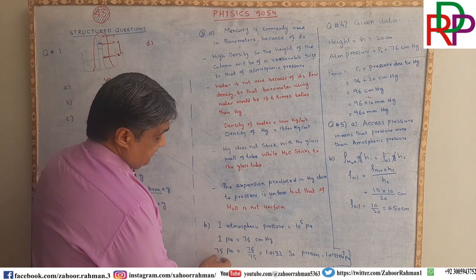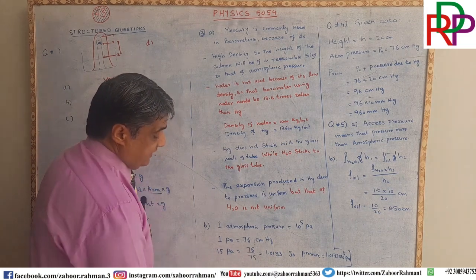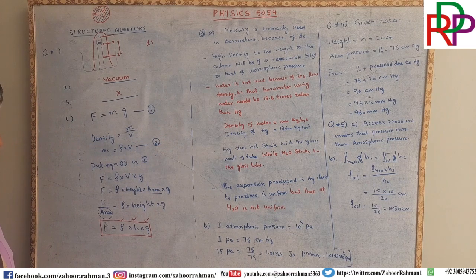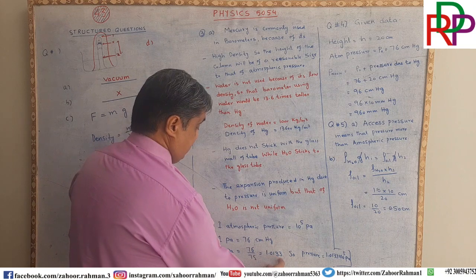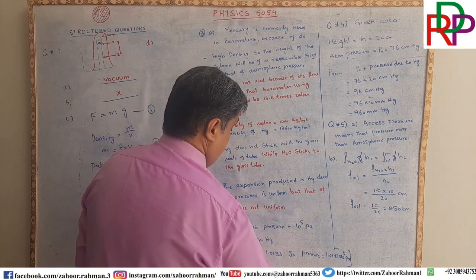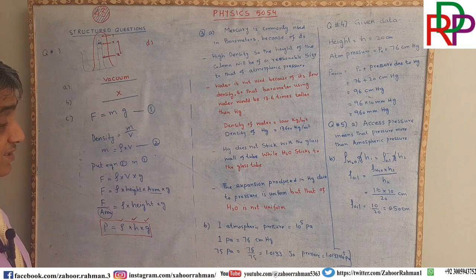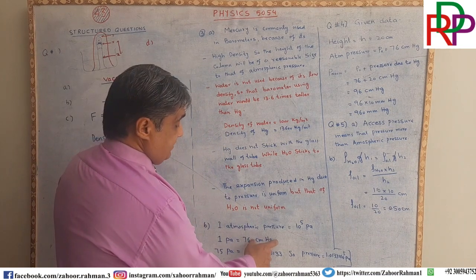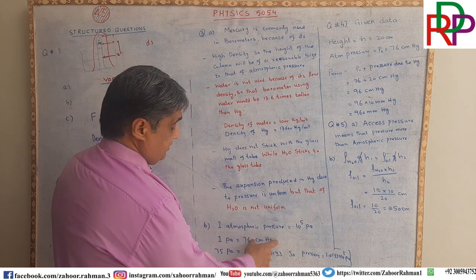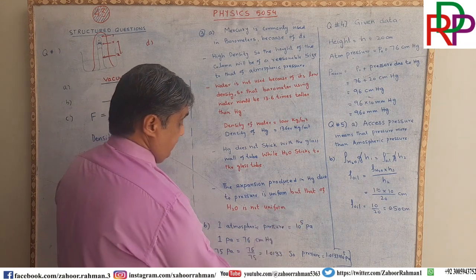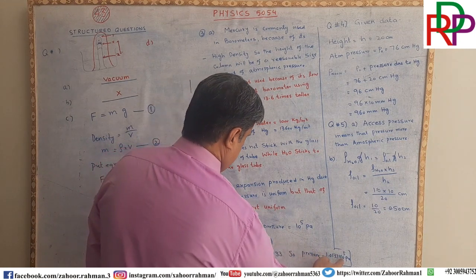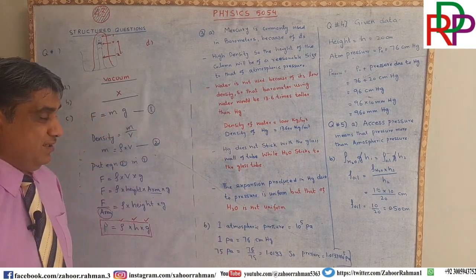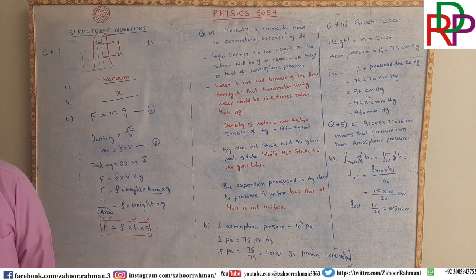So we will divide 76 by 75, which will be equal to 1.0133. So pressure is equal to 1.0133 into 10 raised to the power 5, because 1 atmospheric pressure is equal to 10 raised to the power 5. So instead of this centimeter Hg, we are writing 10 raised to the power 5 Pascal.